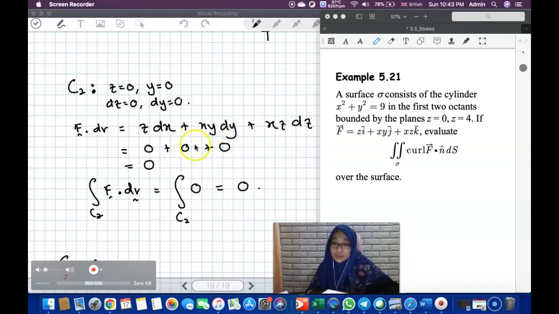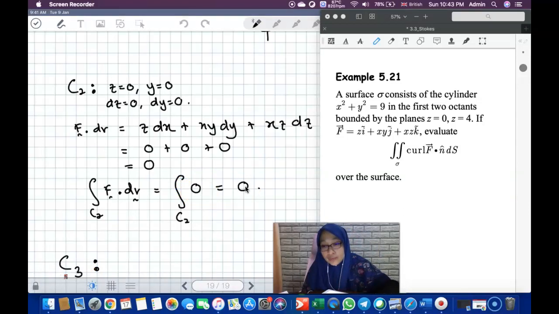And dx... your expression f dot dr is 0. So when you put it into the integral, the answer will be 0. Okay, so that is C2, you got 0, and then C3.